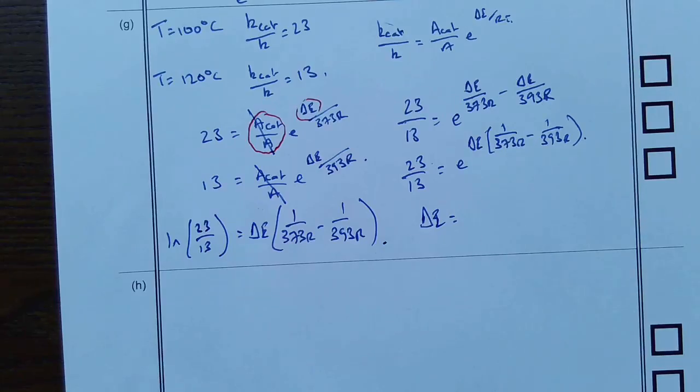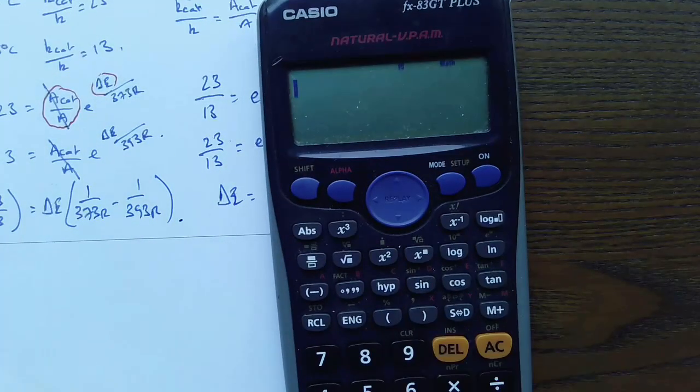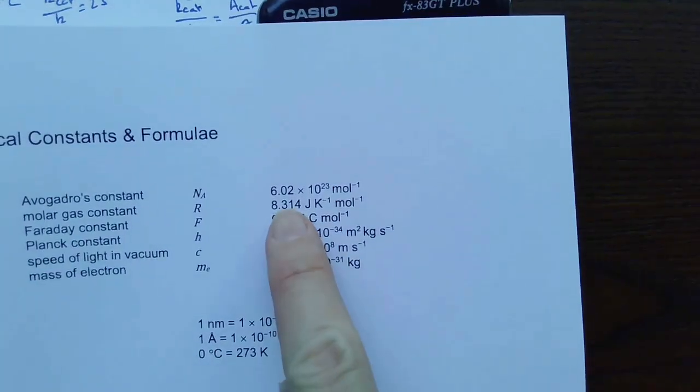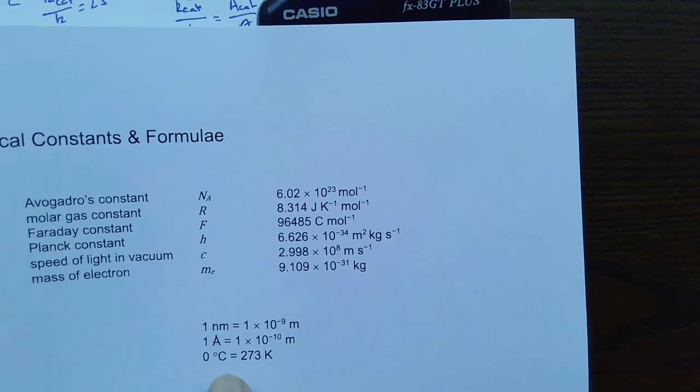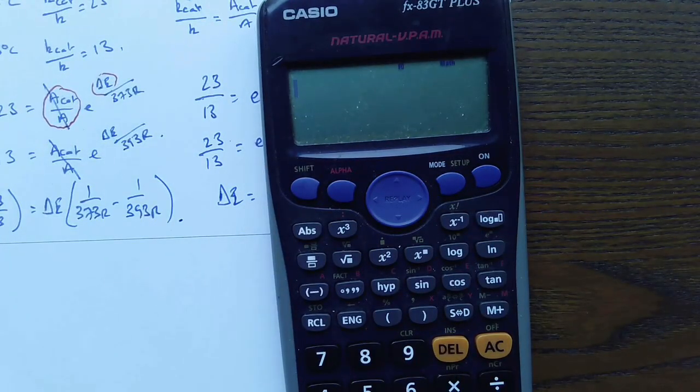So let's see if I can do that without making a mistake. What value does it want us to use for R? I've got R is 8.314, but my temperature is just 273 rather than 273 point something. Okay, so 8.314 is what we're using.